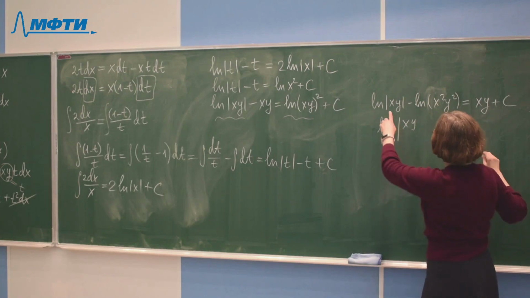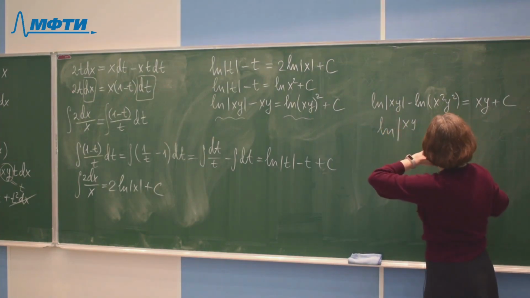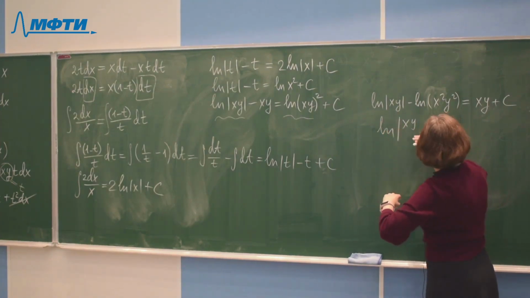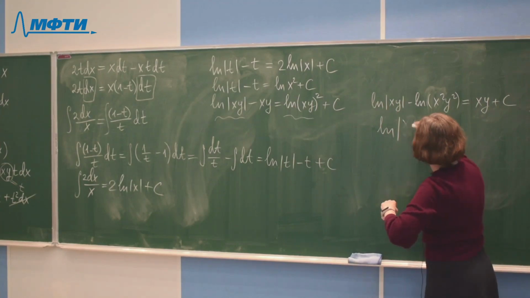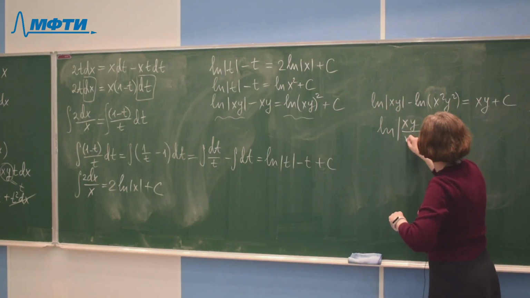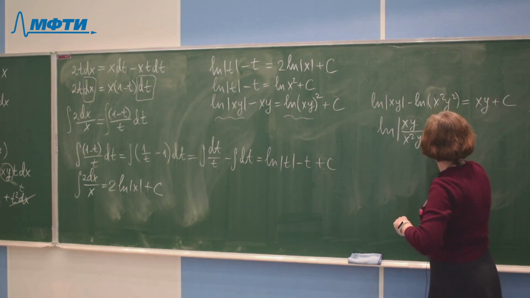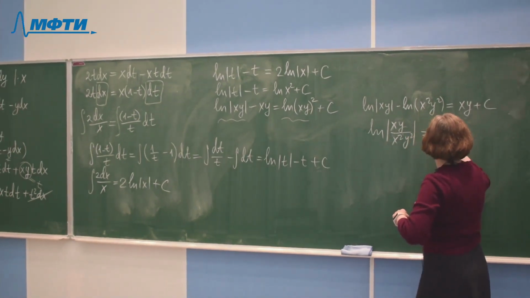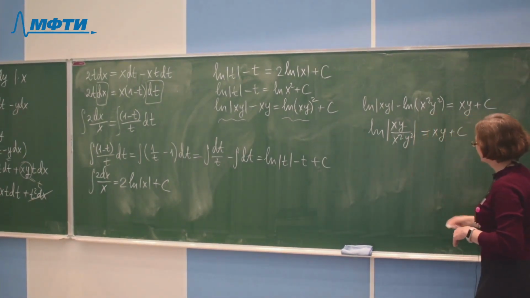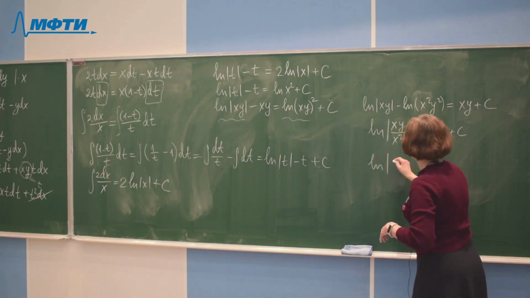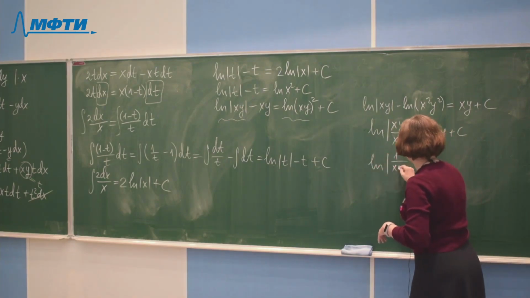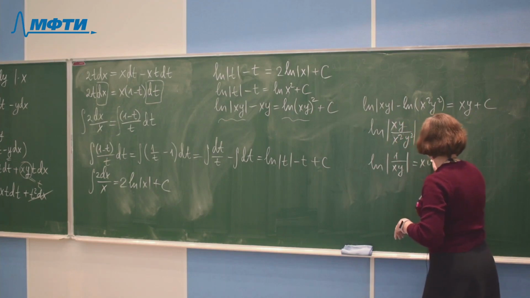So it will be xy divided by xy plus c, the logarithm of 1 over xy equals xy plus c.